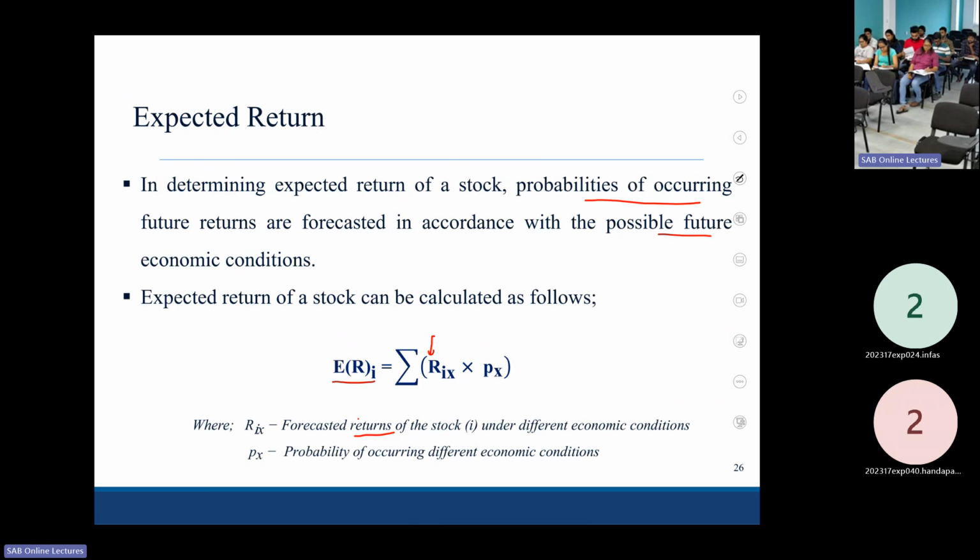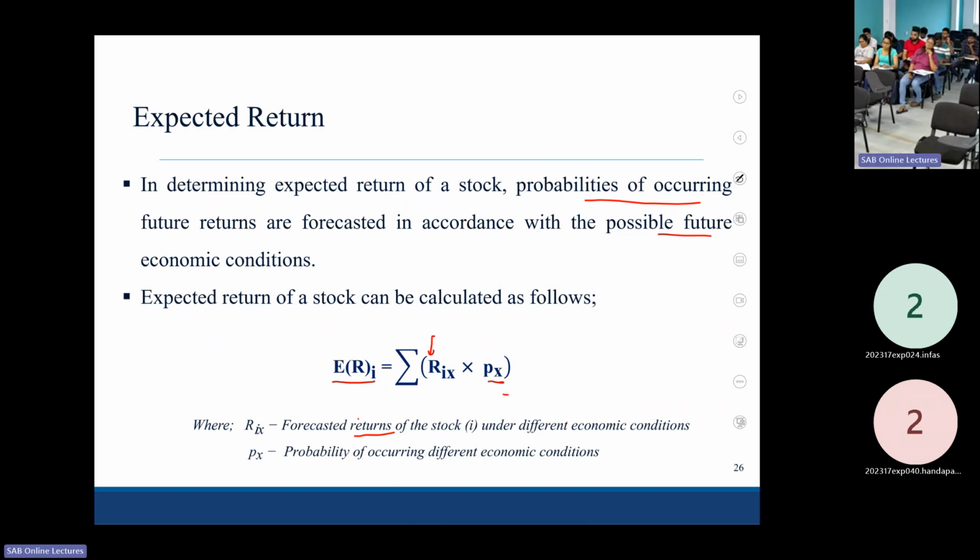If we can identify 3 different possible economic situations, then you will get 3 probabilities. The total of all probabilities should be equal to 1, because this is all that can happen. And Px is the probability of occurring of economic condition x.